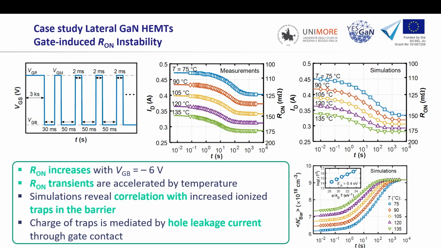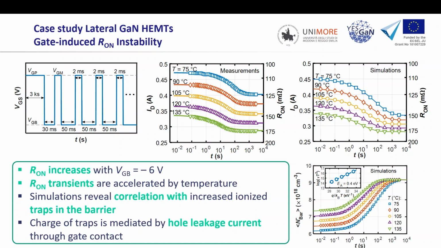So it appears that after all there are some traps in the barrier, likely a barrier that will trap the holes, or meet the holes in this case, that will cause this increase in the RON or decrease in drain current. And you can see here the concentration of ionized traps that we simulated and put in the barrier.